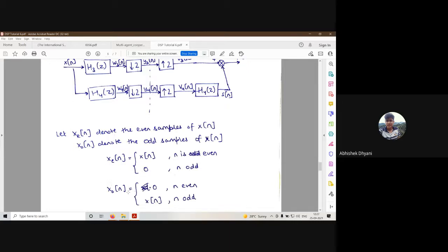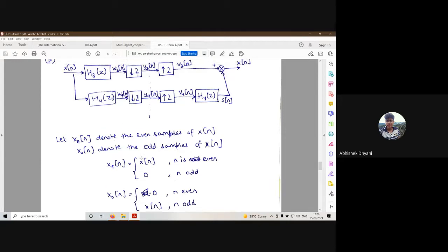Similarly, xon is nothing but all the values of x of n at odd time indices, and it is 0 at the even indices. We will write down what each of these sequences is, and then see whether summing up these two gives us x of n back or not.